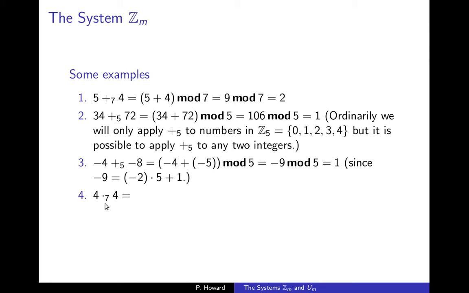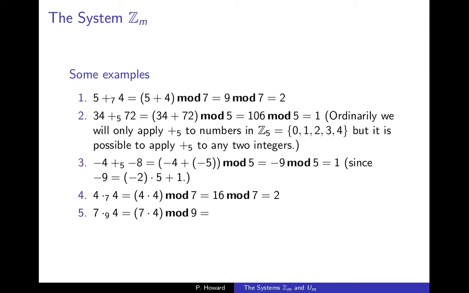Here's a more normal example, looking at times sub 7. 4 times sub 7, 4. By definition, that's 4 times 4 mod 7. 4 times 4 is 16. And 16 mod 7, the remainder when you divide 16 by 7, is 2. 7 times sub 9, 4.